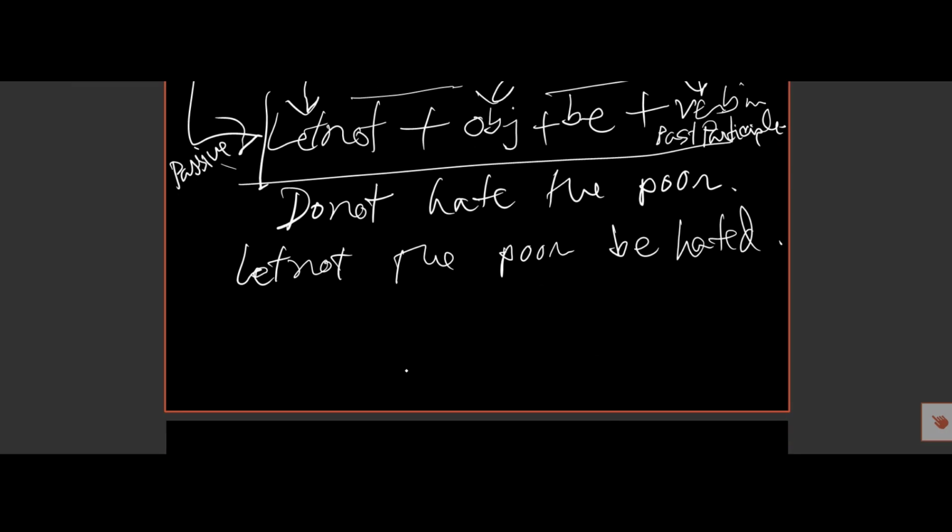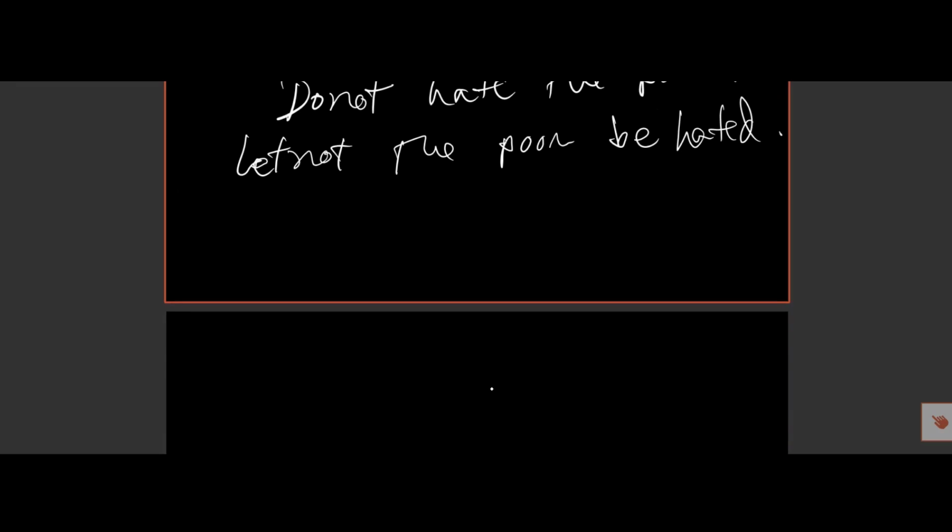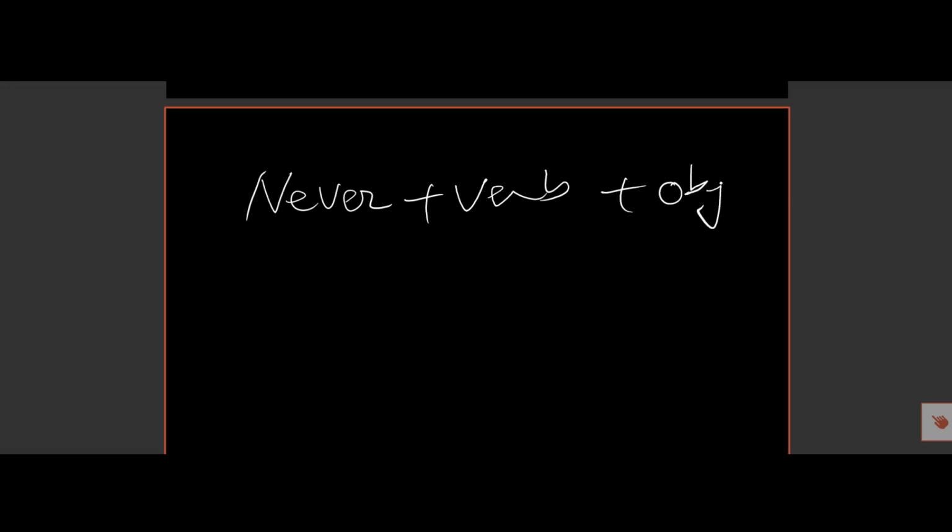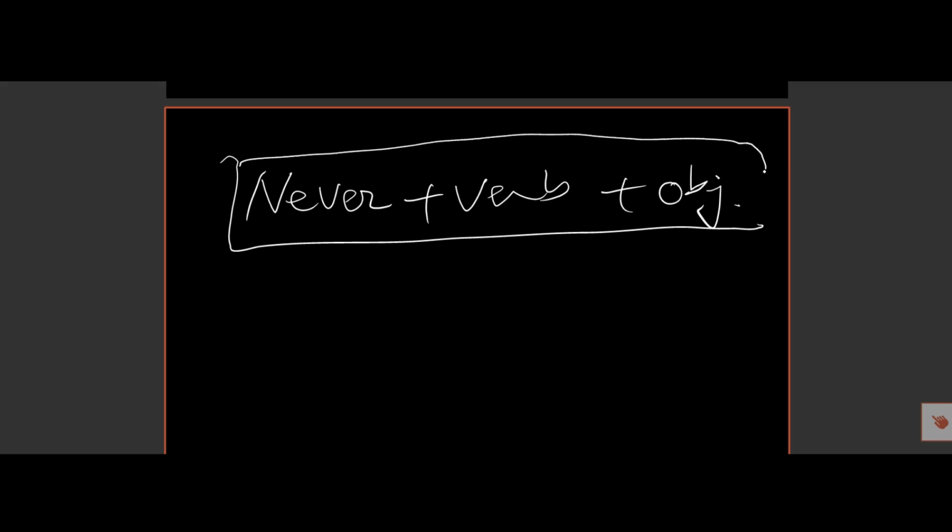But if the active voice begins with never plus verb plus object, this is the structure of active voice, and it is in the imperative mood.